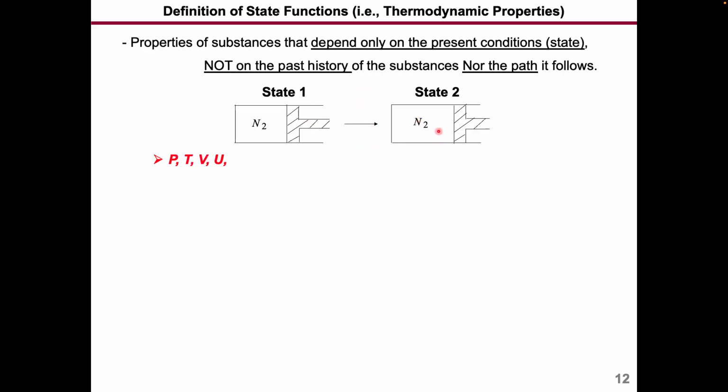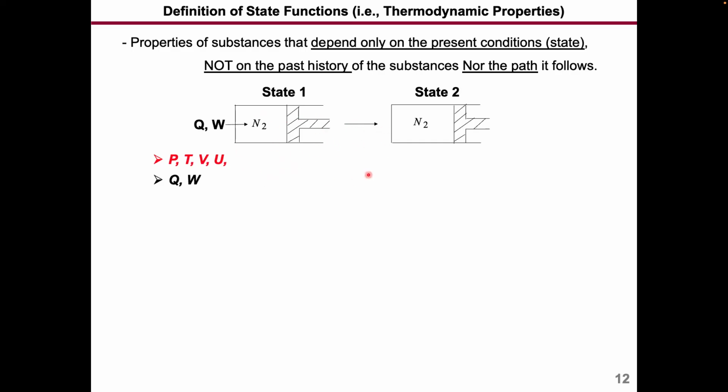So for thermodynamic properties, we already talked about pressure, temperature, volume or molar volume or specific volume, and then internal energy. These are all thermodynamic properties, right? And then Q and W: Q is heat, W is work. These are related to the process.